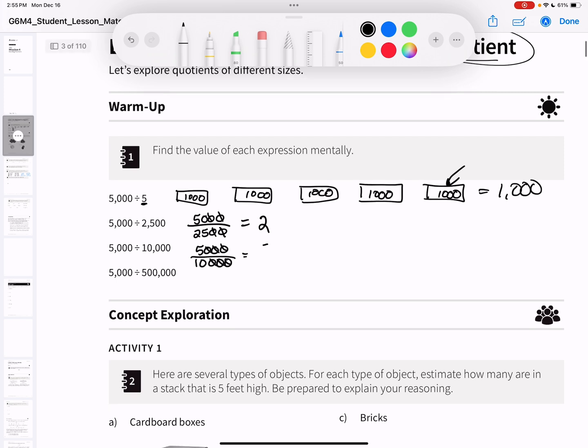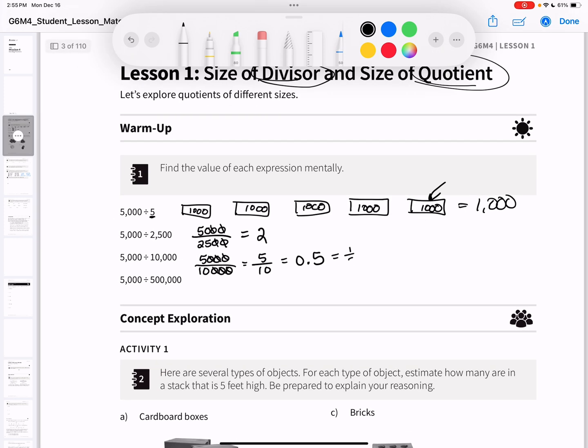So that really leaves me 5 over 10. And I know 5 divided by 10 gets me 0.5 because that's 5/10. And in a decimal form, that's 0.5. So 5,000 divided by 10,000 is 0.5, 5/10, or 1/2. We can also write this as 1/2.